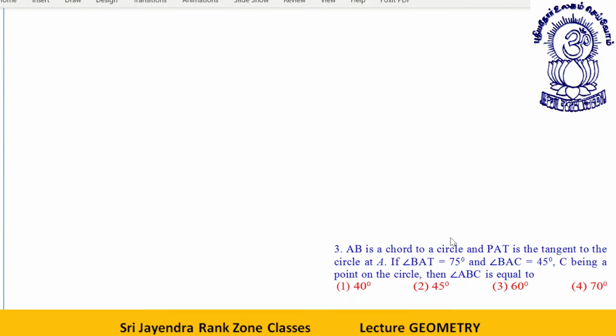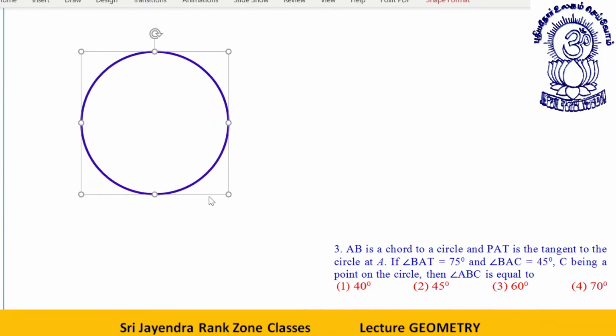AB is a chord of a circle, and PAT is a tangent to the circle at A. Let me draw a circle first.